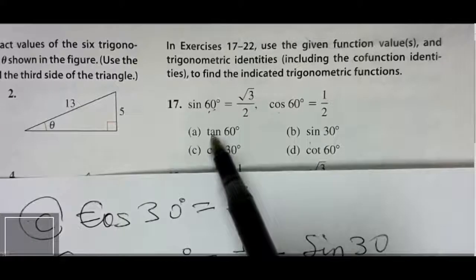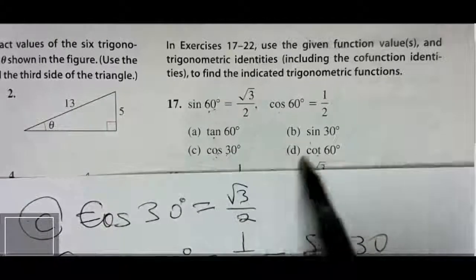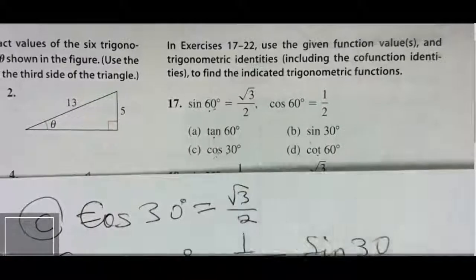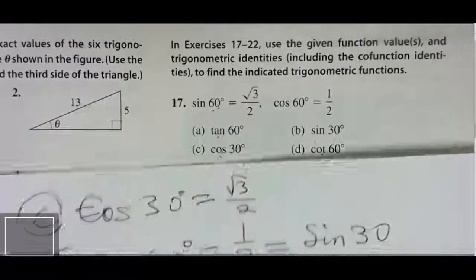How else can we use that to find tan and cotangent? Of course, if we find one, it can help us find the other. So let's look at tangent, tan 60.